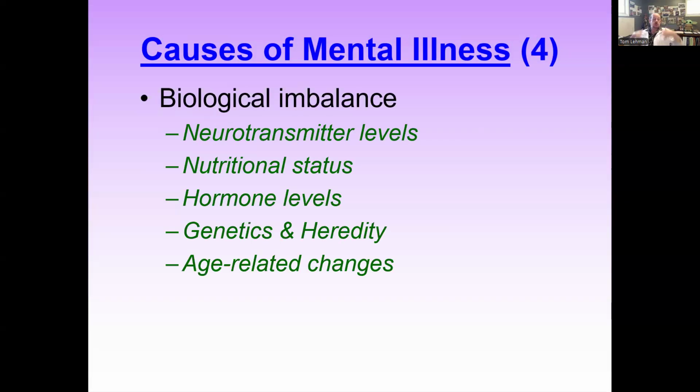Biological imbalance, that's in the patient's body themselves. Again, I talked about neurotransmitter levels. If your patient has some imbalance in their dopamine levels, they could have a brain tumor that's overproducing serotonin. That could have a huge impact. Nutritional status, if someone is malnourished, or if they've been consuming way too much of something, that could have a change.